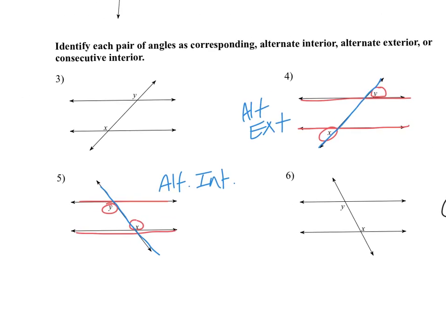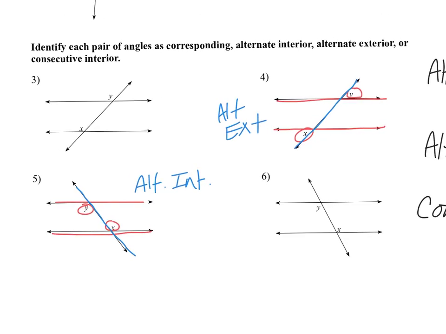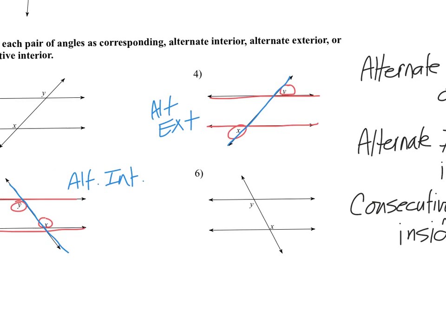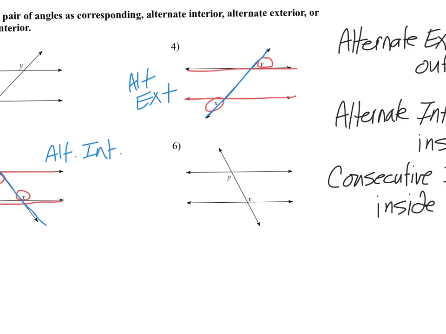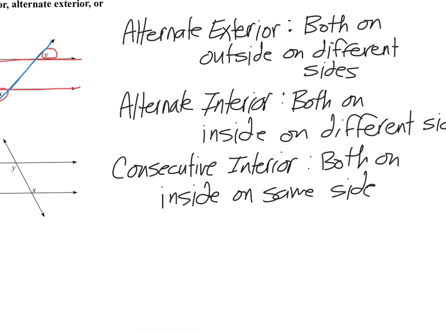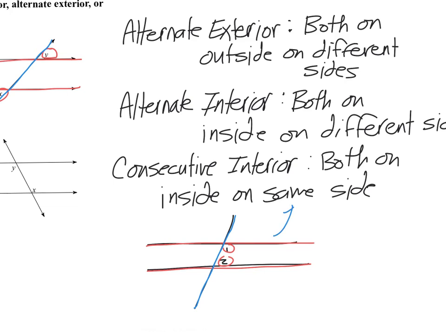Okay, we actually don't have an example of that, so I'm going to have to draw that. So let's draw consecutive interior, what that looks like. So consecutive interior would look like this. There's our transversal. So this angle, that angle. They're both on the inside of our parallel lines, and then they're both on the same side of the transversal. So that's what consecutive interior would look like.